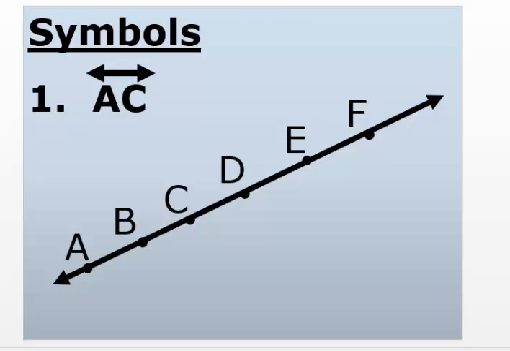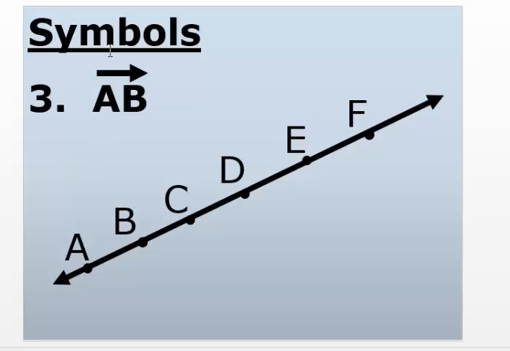Symbols. These symbols, as we've already noted, this is a line for line AC. There's other ways to name this line. However, notice this symbol here with the endpoints at either end. That is a line segment. And the last one is the ray.